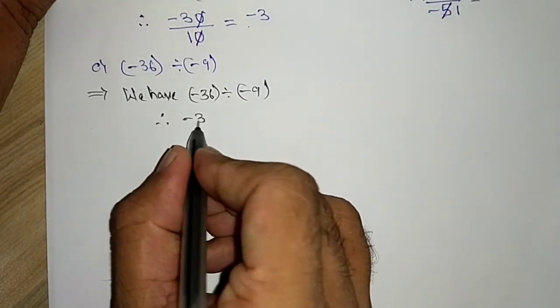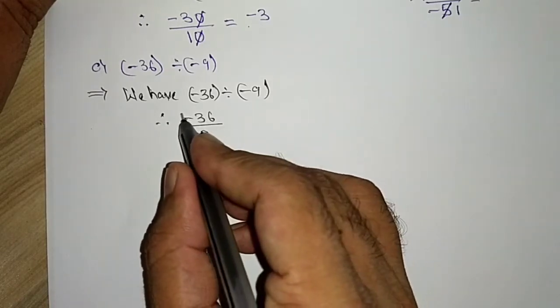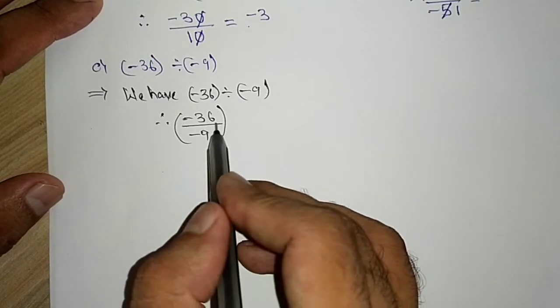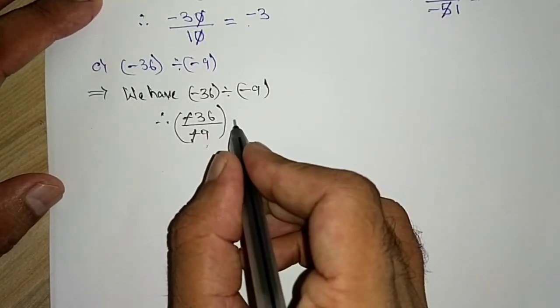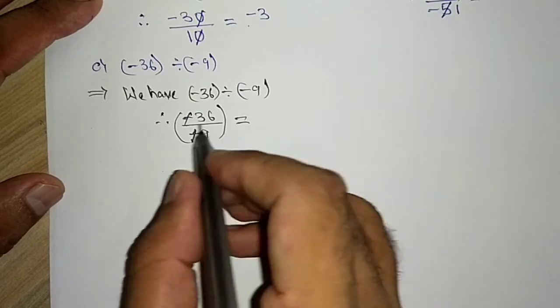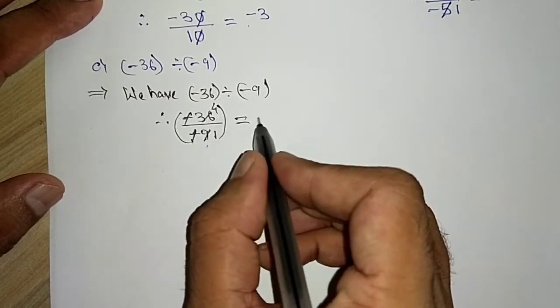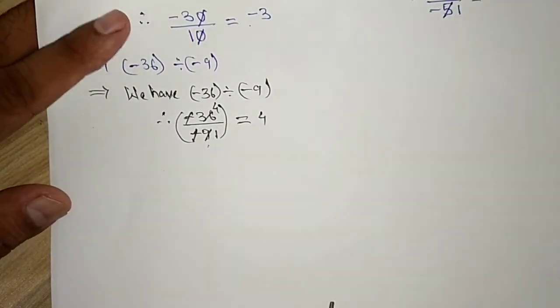Because minus will be cancelled out. Minus 36 divided by minus 9, minus will cancel out, which is equal to 9 ones are 9 and 9 fours are 36. So it will become 4. Your answer is 4.